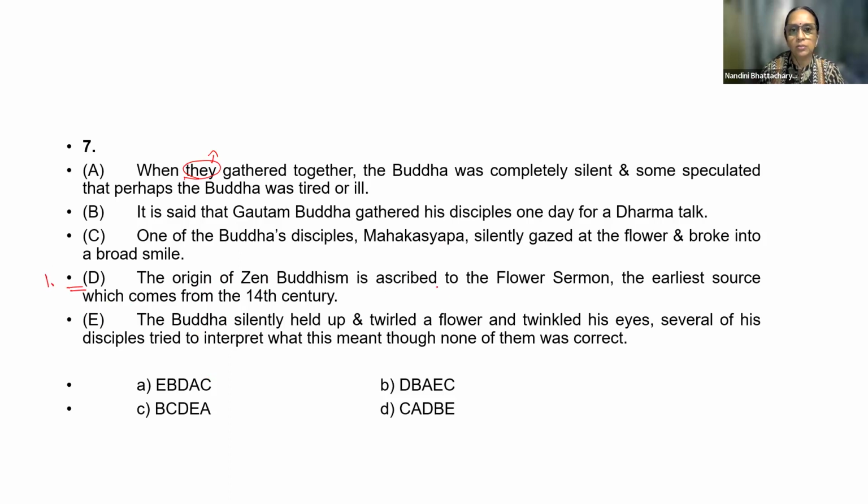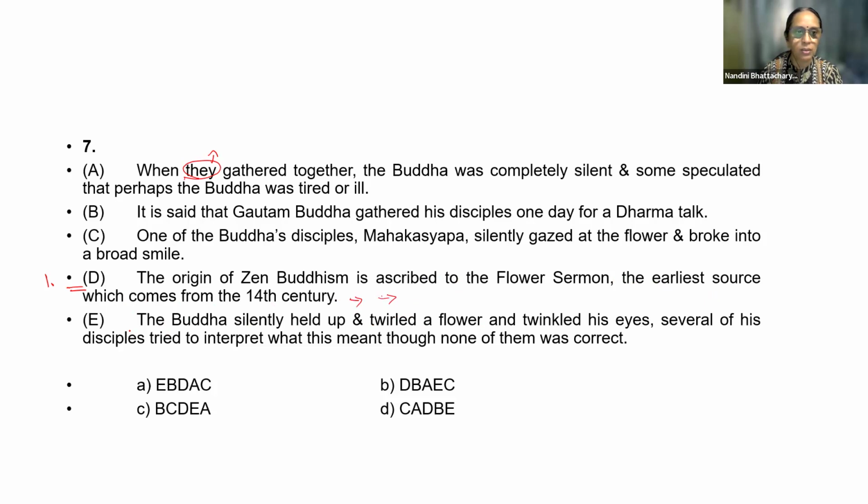Origin of Zen Buddhism is ascribed to the flower sermon, the earliest source which comes from the 14th century. Okay. What comes after D then? Something which goes a little specific but is not very specific.